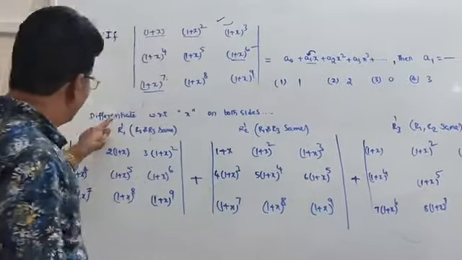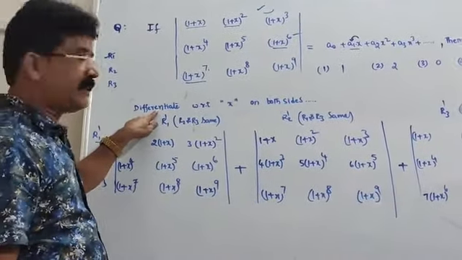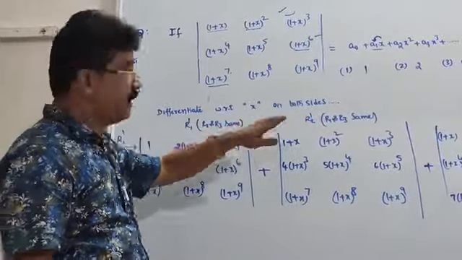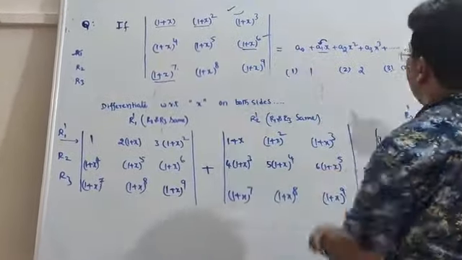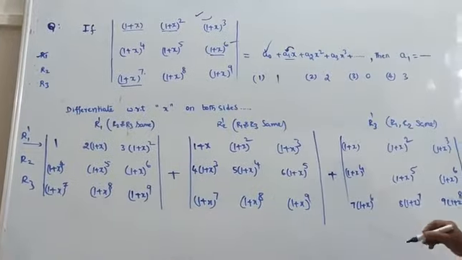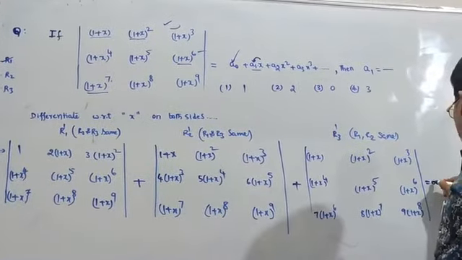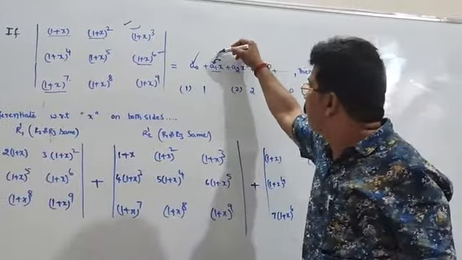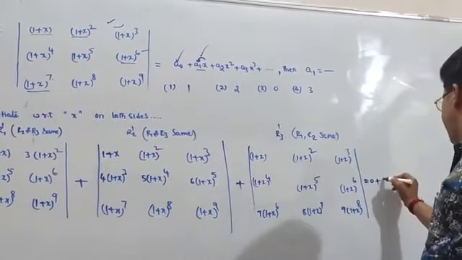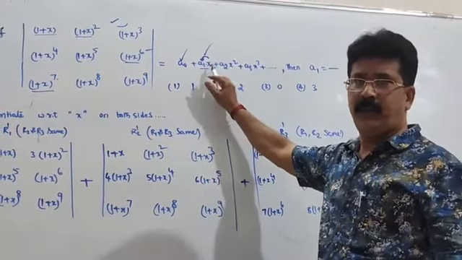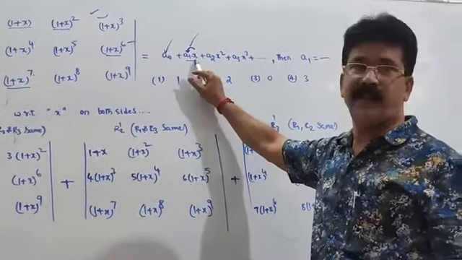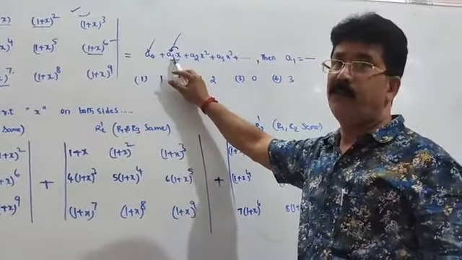Okay. We are doing the differentiation with respect to x on both sides. This is one side over. Next is equal to d by dx of constant, 0. Next plus d by dx of a1 x: a1 into d by dx of x, a1 into 1, a1.